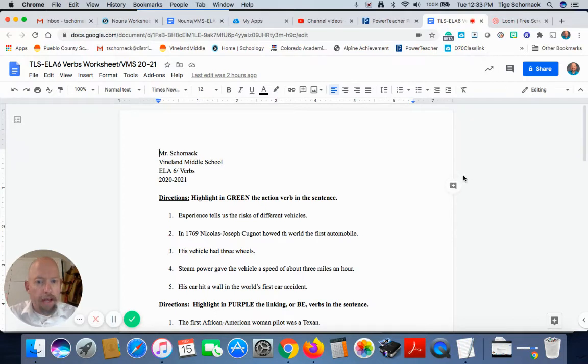So, again, we know action verbs are verbs, again, that can be physical. And just like nouns, there can be concrete and there can be abstract verbs. Again, we take the word love.